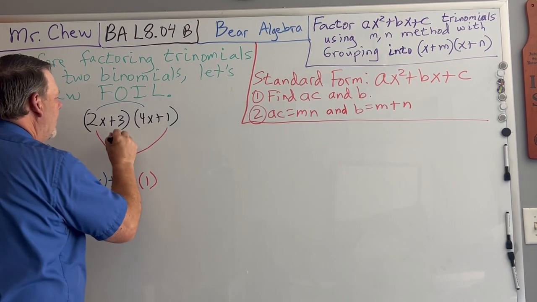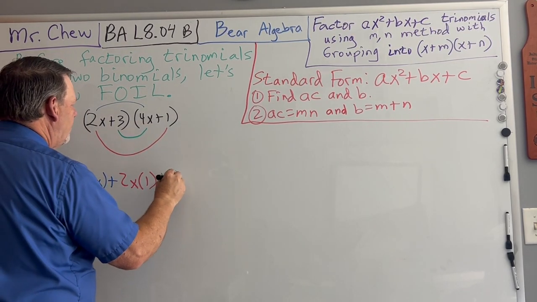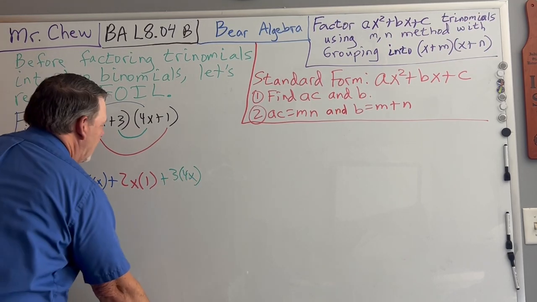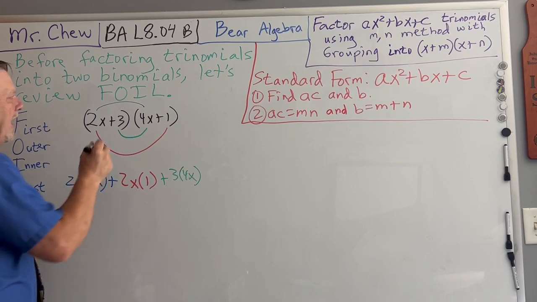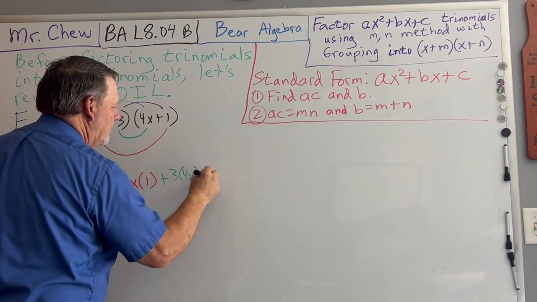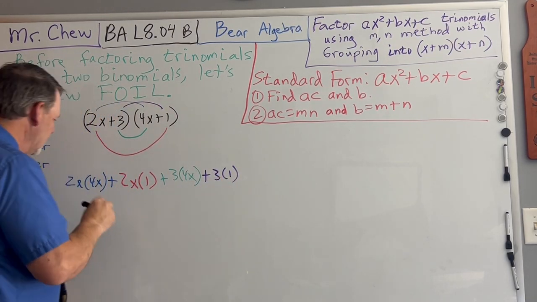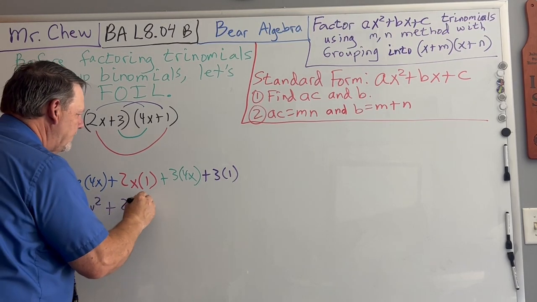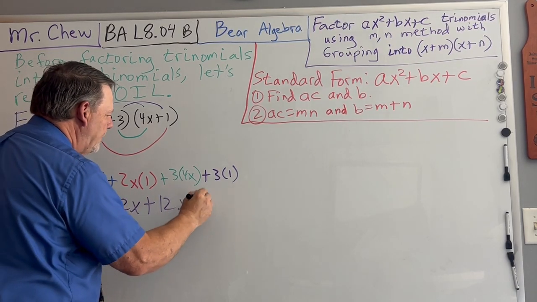The inner will be 3 times 4x. And then the L is last, it'll be 3 times 1. So this becomes 8x squared plus 2x plus 12x plus 3.